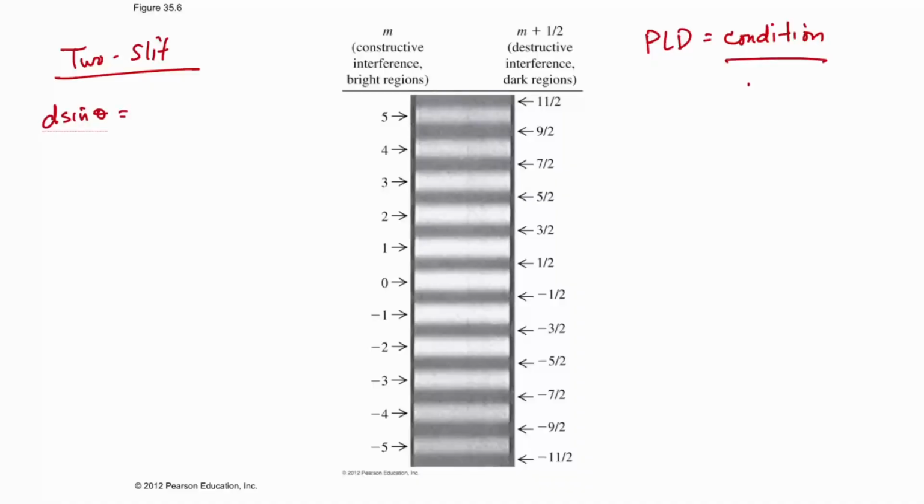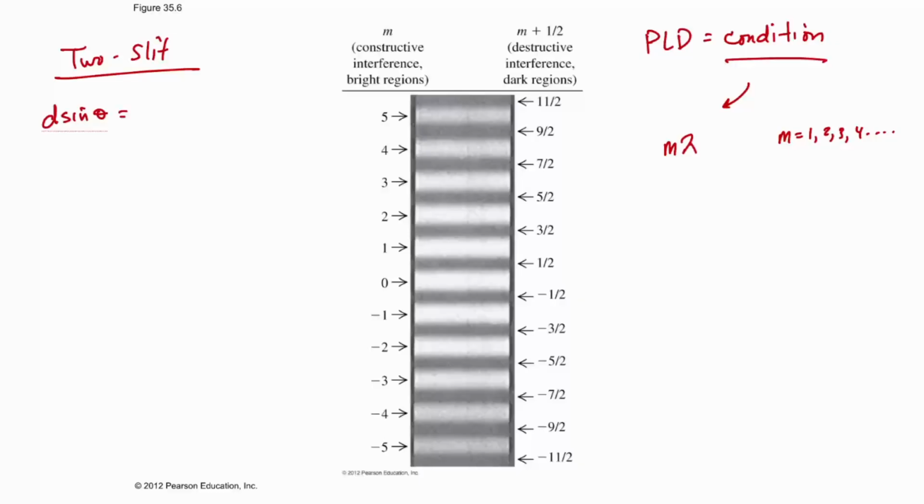The way that we are going to talk about constructive interference is using those two symbols right there, m times lambda. M is a counting number. It's an integer. It just goes 1, 2, 3, 4, 5. It can also have a negative sign on it. We'll talk about that in a bit.